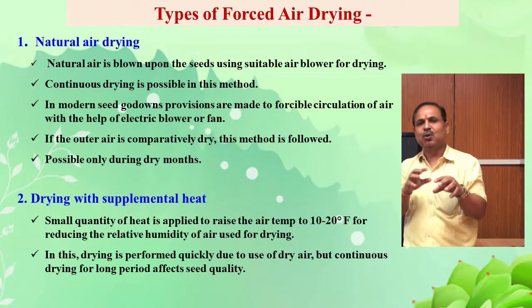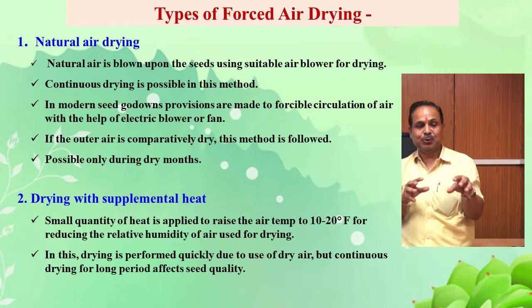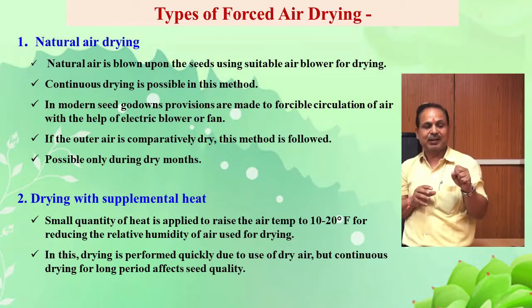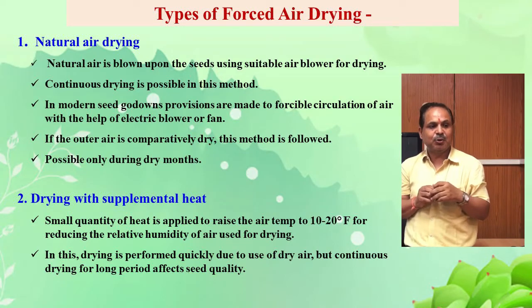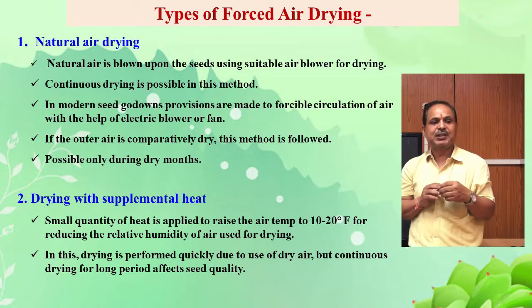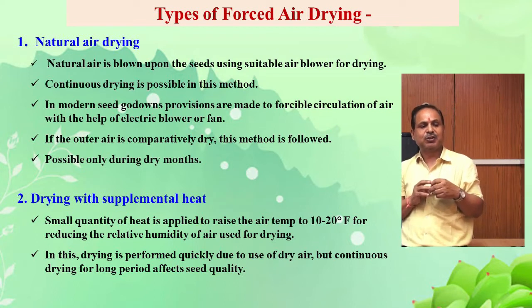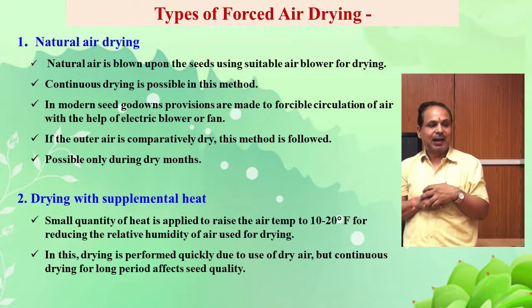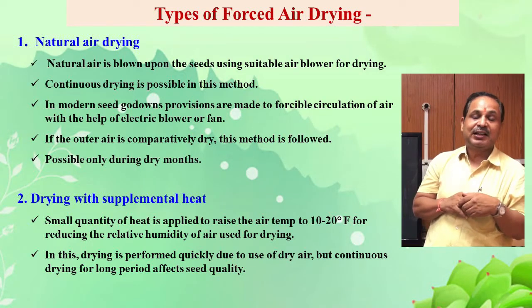Only the speed matters; heated air is not used in this natural air drying. So continuous drying is possible in these methods, and in modern seed godowns there are provisions for forcible circulation of air with the help of electric blowers or fans, and it is possible only during dry months.